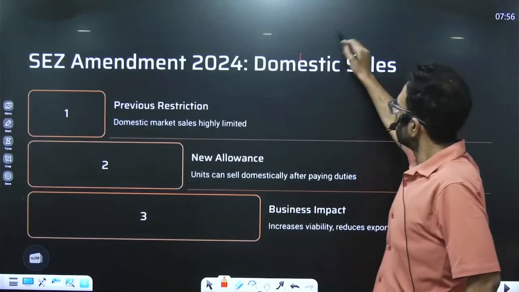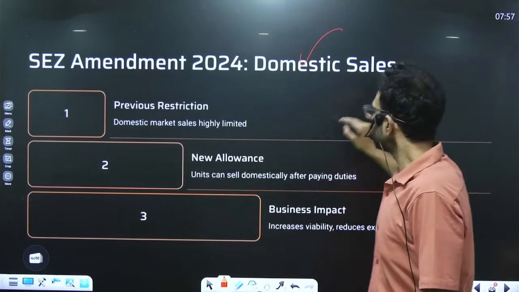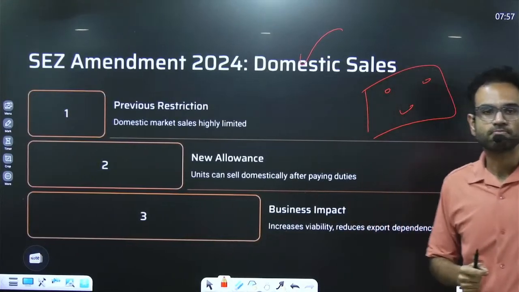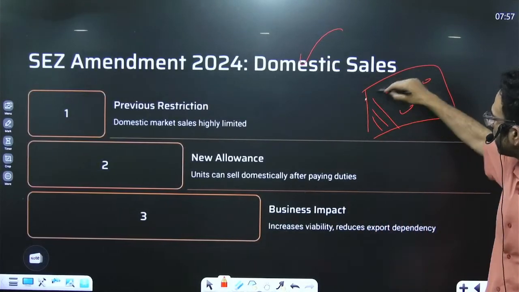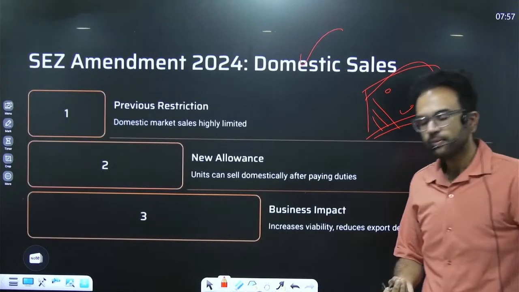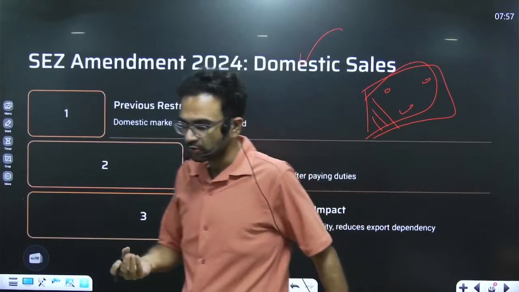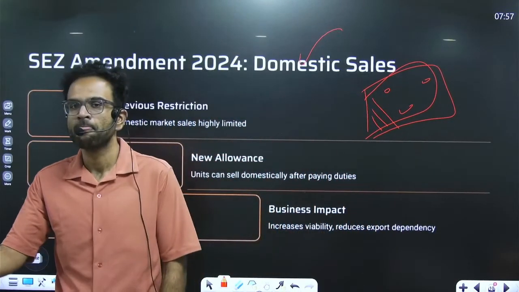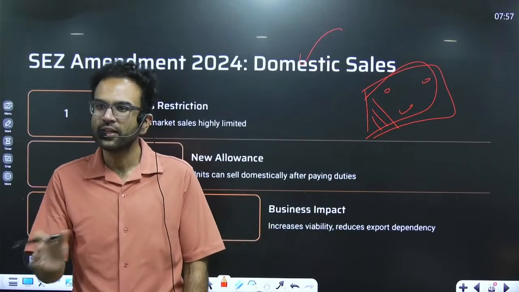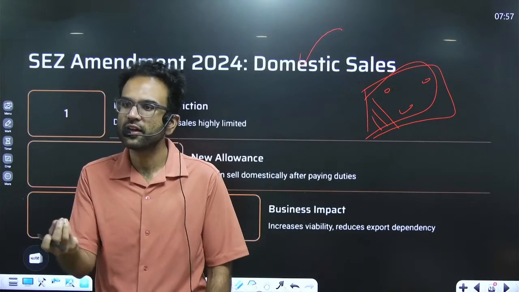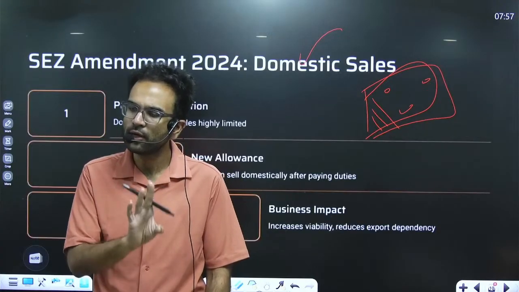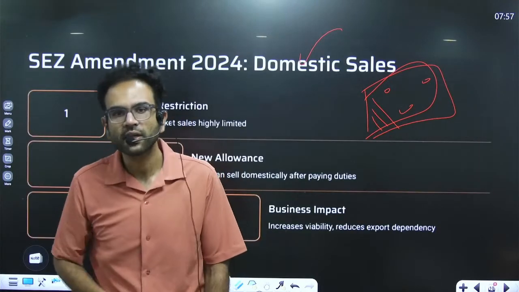Next up, domestic sales. I told you, right, in a SEZ cluster, you have something called the domestic tariff area. Usually in the old system, you are not allowed to sell any finished goods in the domestic tariff area. Meaning, let's say you have a small area which is declared as SEZ in Hyderabad. The product that is coming out of that SEZ is only meant to go to a port and be shipped out of the country.